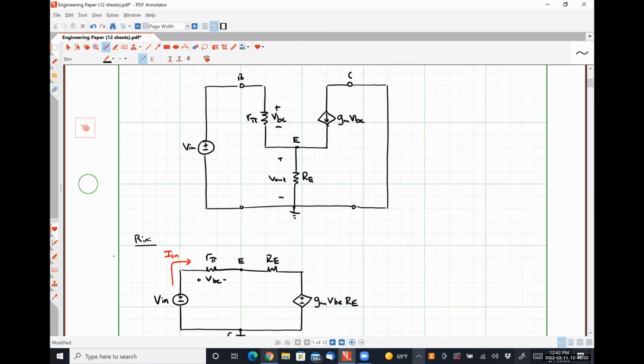So I'm going to circuits one this up, but I'm going to explain to you what I'm doing. So I'm going to have a voltage source between this point, the emitter, and this point down here, ground, which means my voltage source is directly in parallel with the quantity RE. It's also going to be directly in parallel with the quantity R pi, right? And it's going to be in parallel with my current source as well.